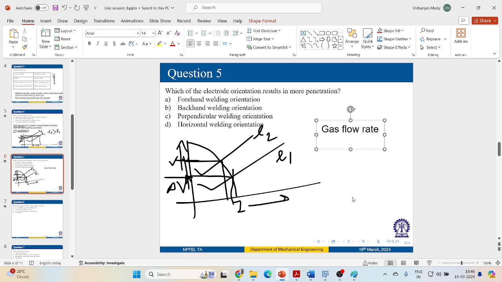Depending on my gas flow rate, the final welding structure can be different. I can change my wire feed speed. So this is also a factor. Then I can change my shielding gas composition. That also I can change.